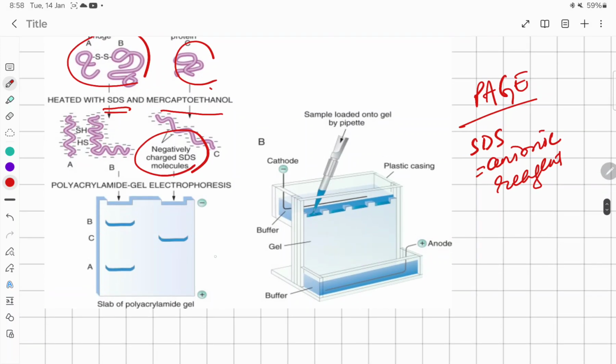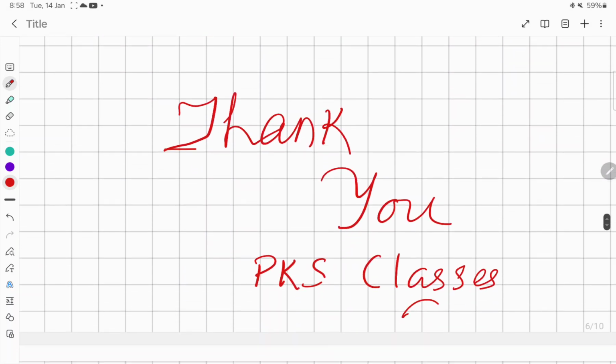Then we put the sample in the well, and this is a vertical one. There will be a slab of the polyacrylamide gel, and the proteins will be separated based on their size. High molecular weight proteins will remain close to the well, whereas low molecular weight proteins will move towards the anode. So this is all about gel electrophoresis.